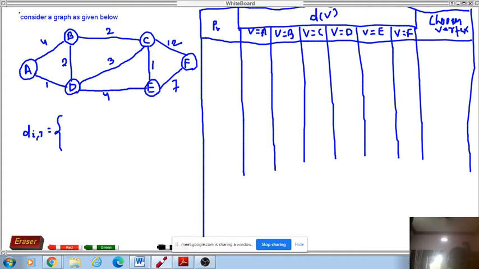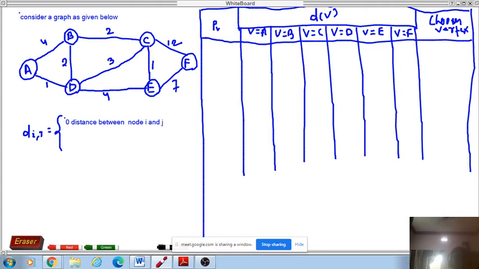Distance of ij will be 0, that is the distance between node i and node j, when i equals j.